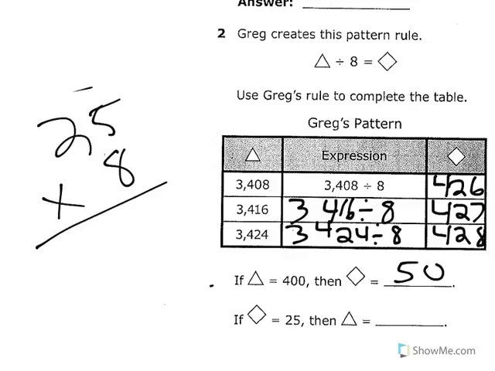And I'm guessing it's going to be probably half of 400, because 25 is half of 50. So we could probably say 200. Let's go ahead and work it out anyway. 8 times 5 is 40. And 8 times 2 is 16, plus 4 would be 20. So yeah, that's 200.